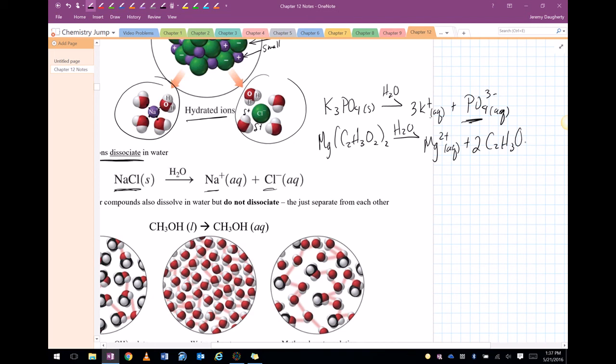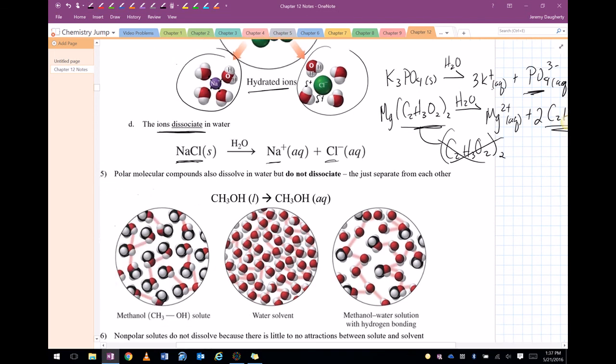So again, it's important to know your polyatomic ions and your ions in general, because they will always break up into their ions. Alright? So don't break it up like a lot of times students will break this up into this. They'll do that, but that's not an ion. Right? That's not an ion. This is the ion. So that's ionic compounds.